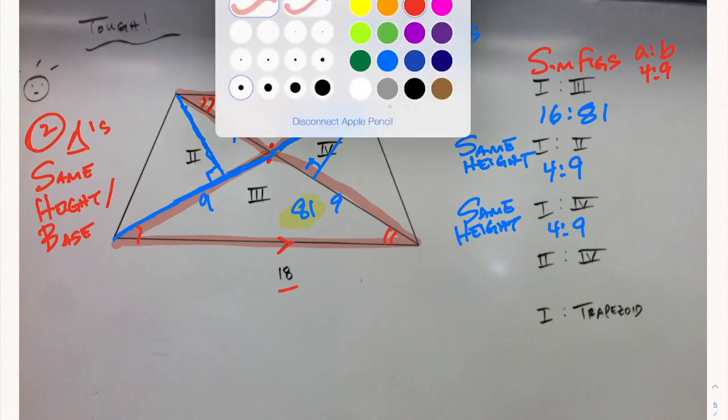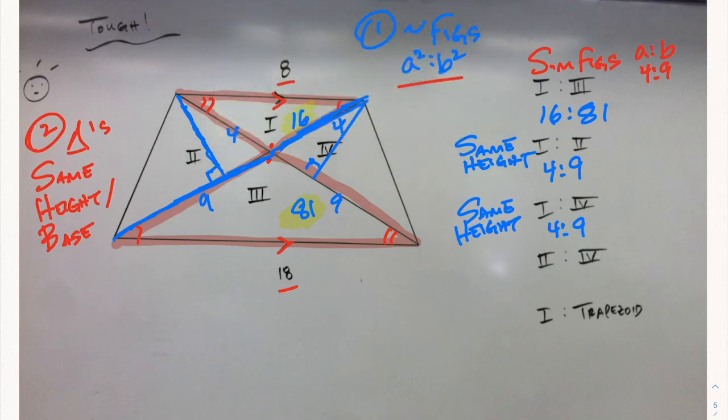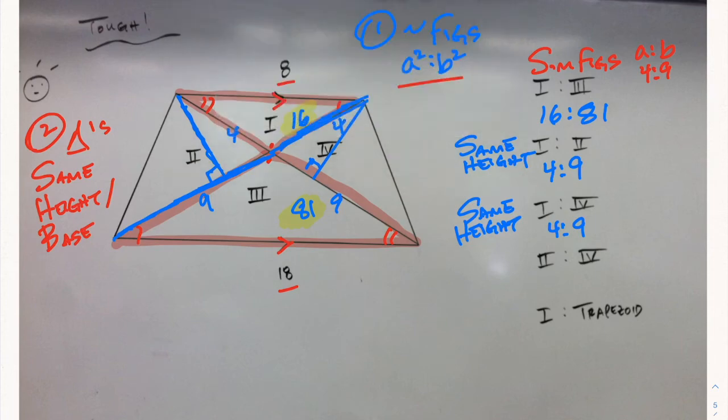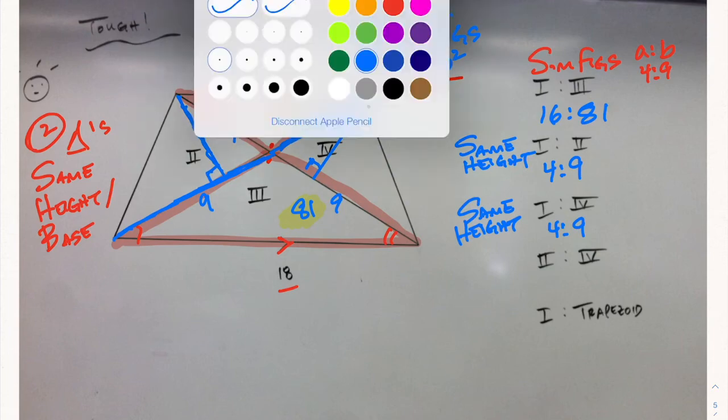Okay. So what's next? The next thing we want to compare is going to be triangles 2 and 4. If you want to compare triangles 2 and 4, you're going to see that triangle 1 to triangle 2 was in a ratio of 4 to 9. Let me put this in red, to make it a little easier.